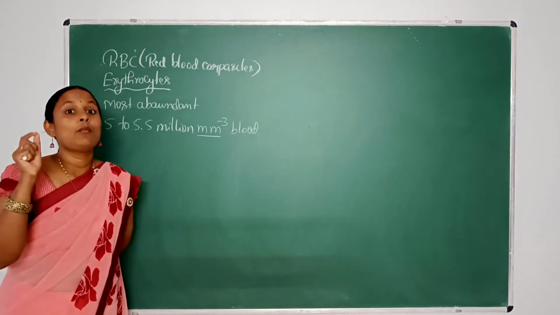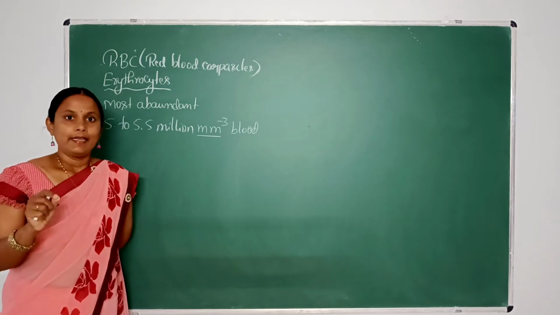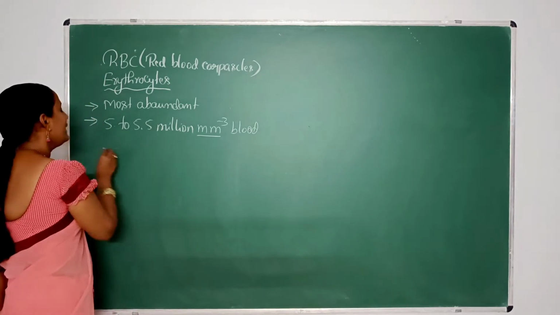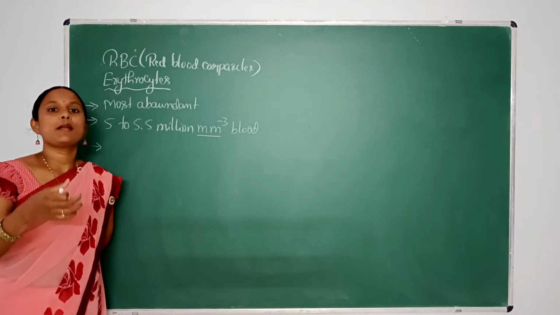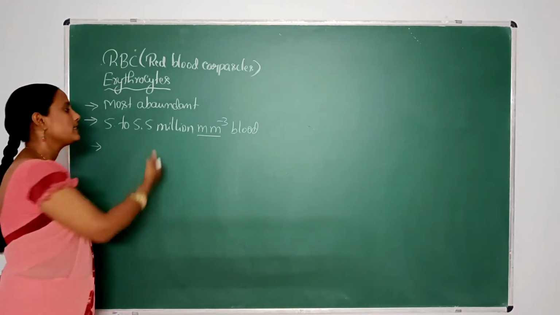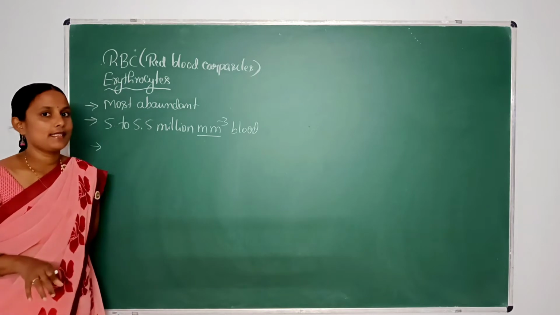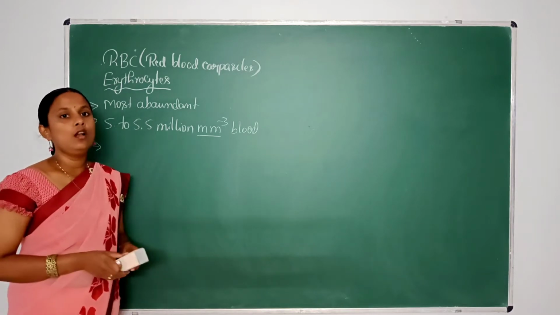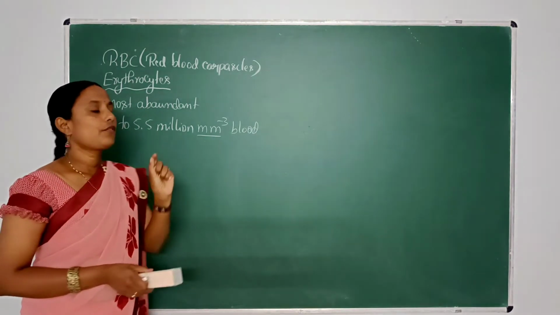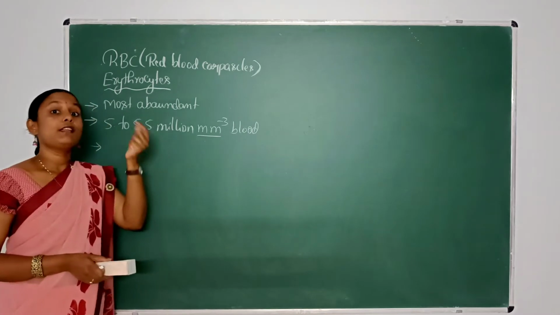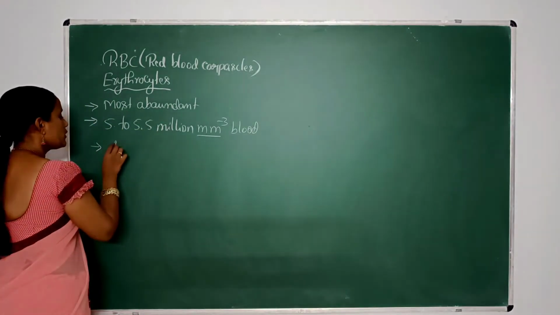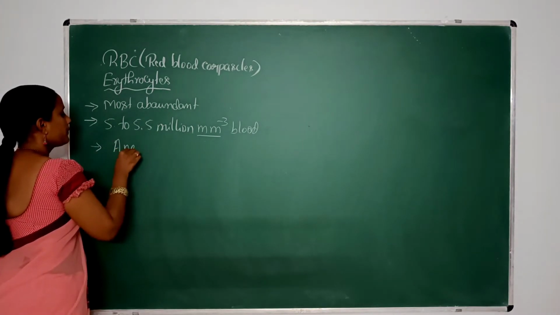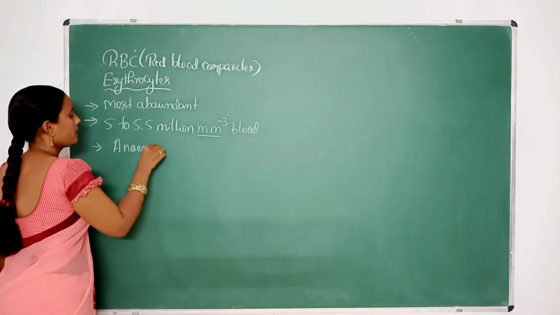Just imagine the abundance. This is the normal count of RBC in a healthy individual. If the number of RBCs decreases, then the condition is called anemia.